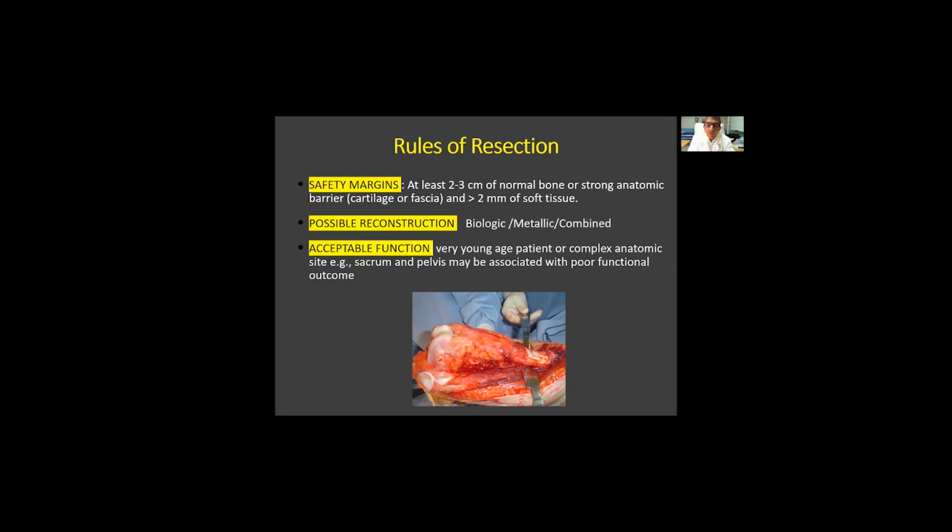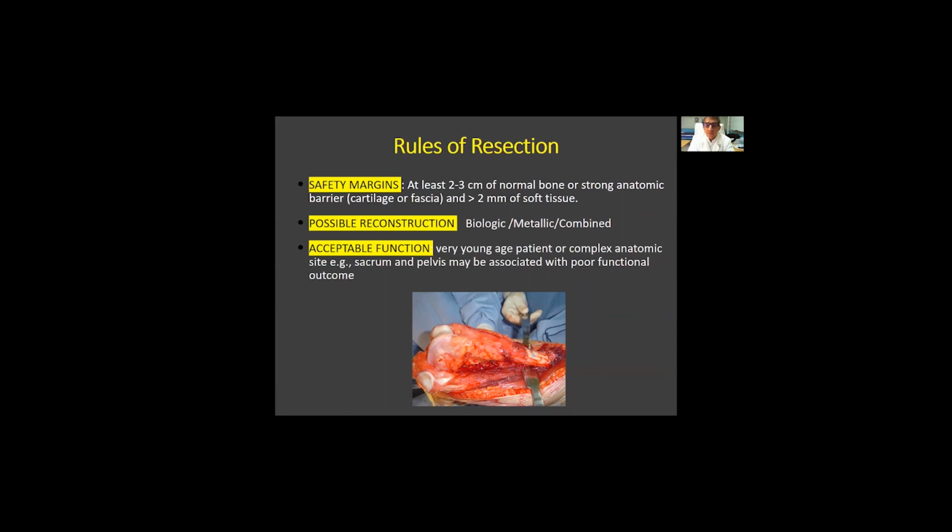Reconstruction can be done either using an internal prosthesis or a bone graft or a combination of bone graft and prosthesis. I will leave these types of reconstructions to the lecture on methods of reconstruction in bone tumors. The most important thing I should mention here is that, regardless of the type of reconstruction we are going to use, it is very important to expect the degree of function the patient would have after surgery.